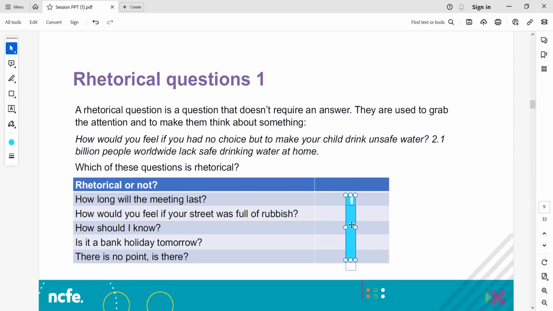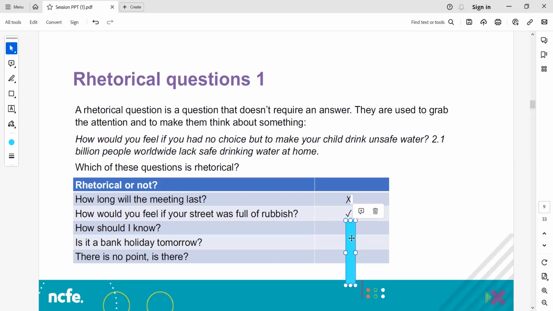How would you feel if your street was full of rubbish? So you could imagine this in a magazine article, in a leaflet from the local council. What do you think? Does it need an answer, or is it rhetorical? Rhetorical. Yeah, it's just trying to make you think, put yourself in someone else's position.